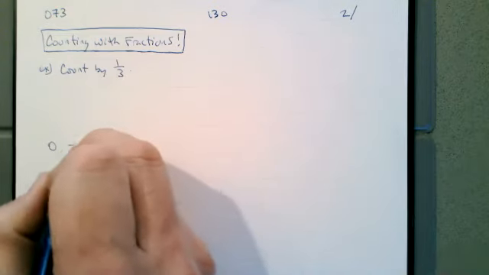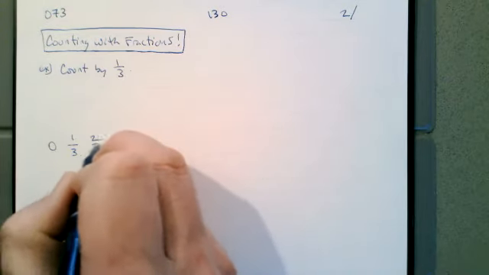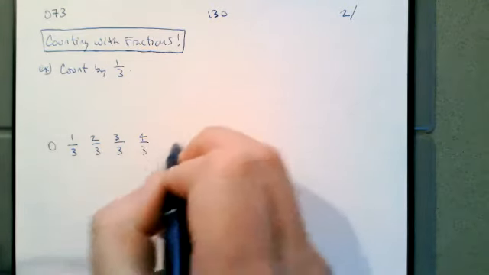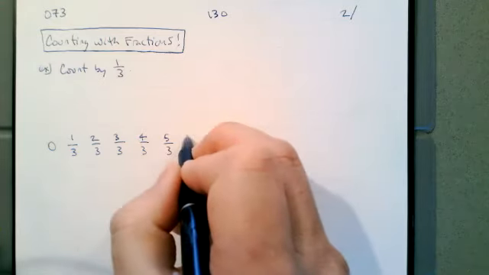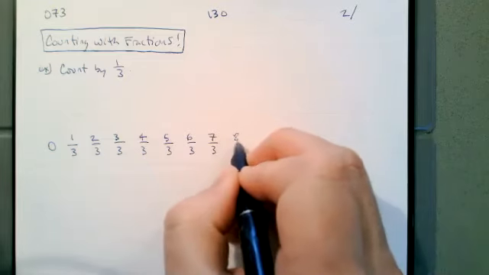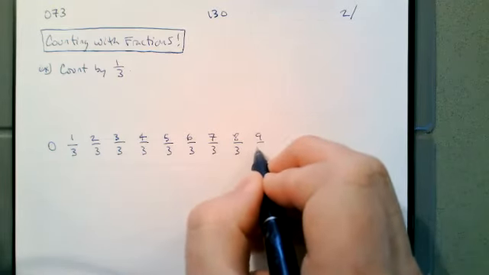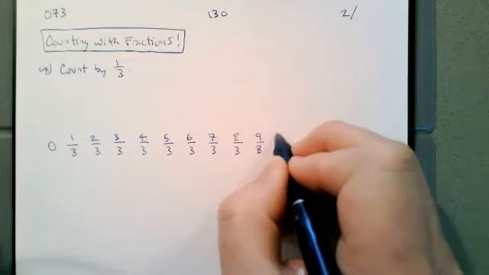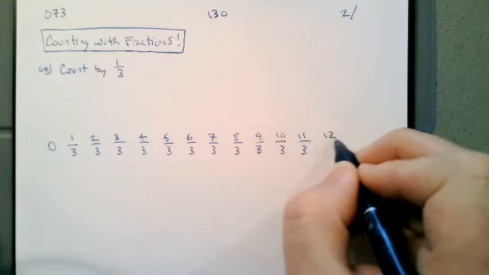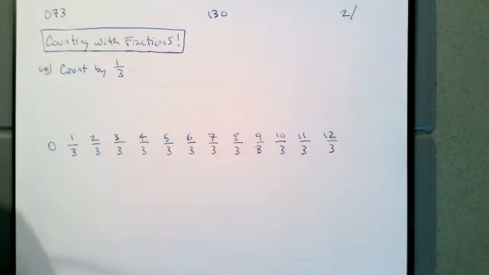And then I'm just going to count 1/3, 2/3, 3/3, 4/3, 5/3, 6/3, 7/3, 8/3, 9/3, 10/3, 11/3, 12/3. Notice that we're just counting 1, 2, 3, 4, 5, 6, 7, 8, 9, 10, 11, 12.